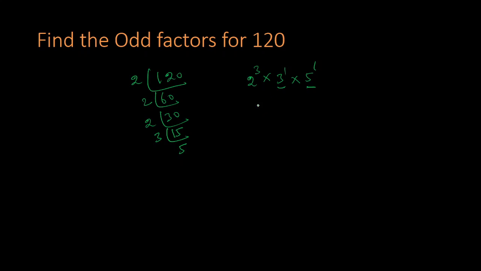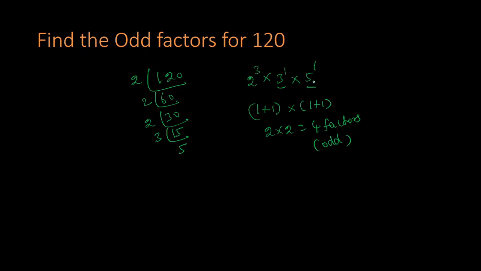The power of 3 is 1, so 1 plus 1. And the power of 5 is again 1, so into 1 plus 1. So altogether 2 into 2 is equal to 4 odd factors.